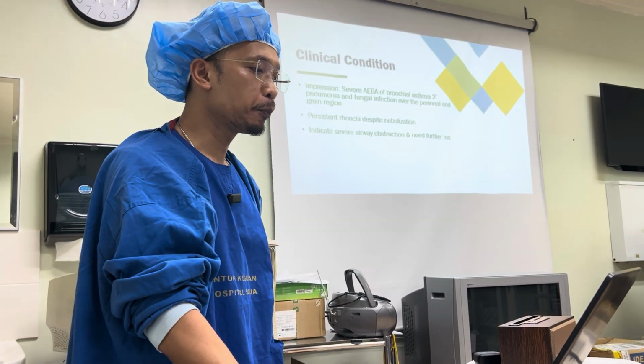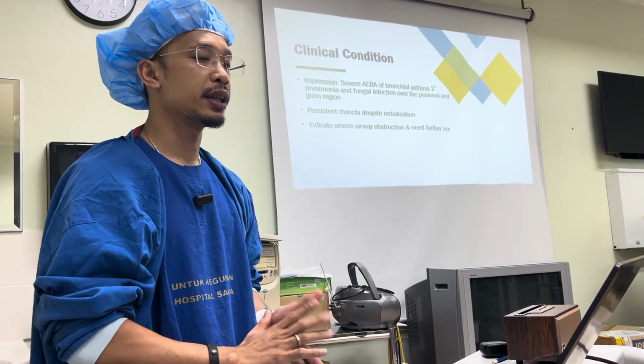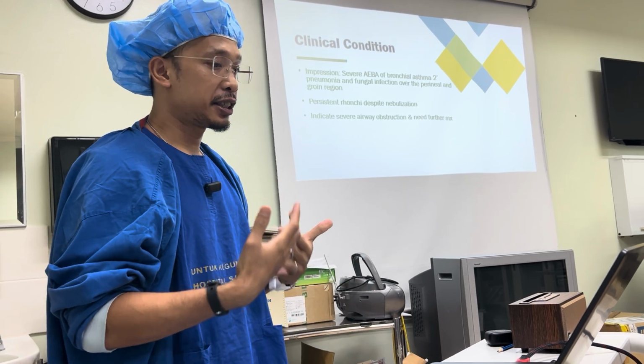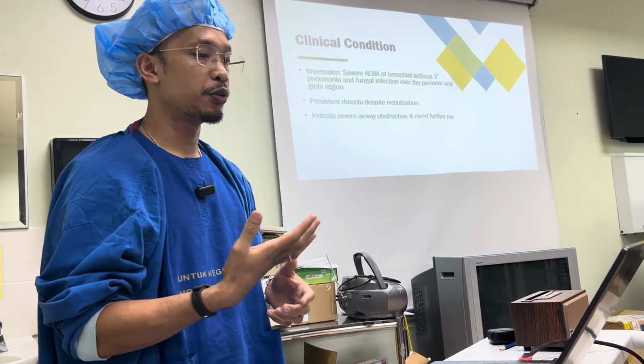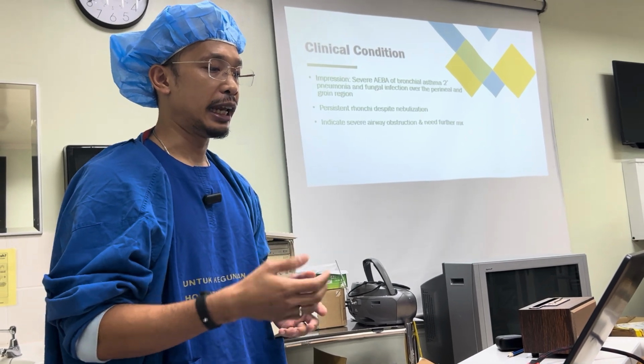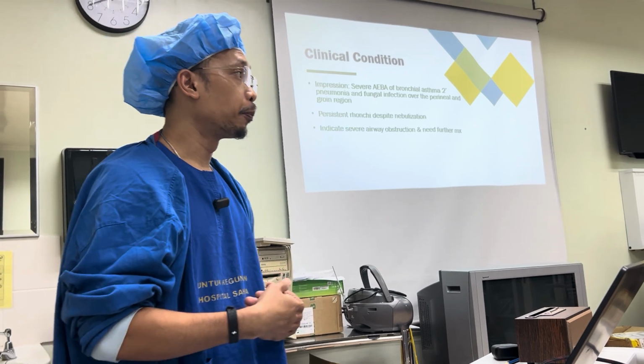Assessment and finding. As for clinical condition, we've got a severe acute exacerbation of bronchial asthma. Already a very tough situation, but on top of that, the patient also has pneumonia and a fungal infection in the perineal and groin region. Now, here's the problem.